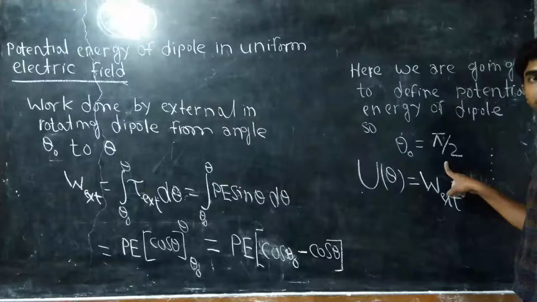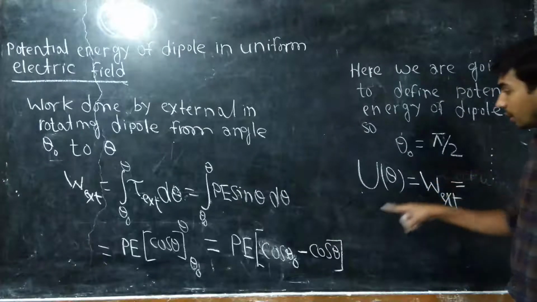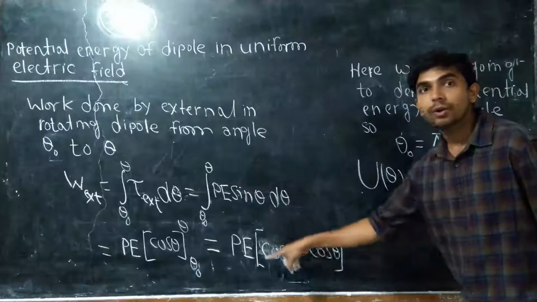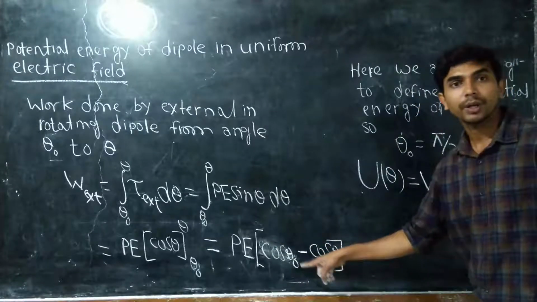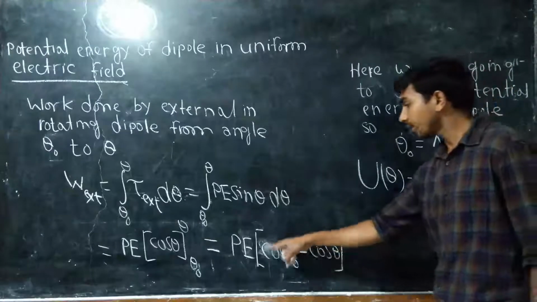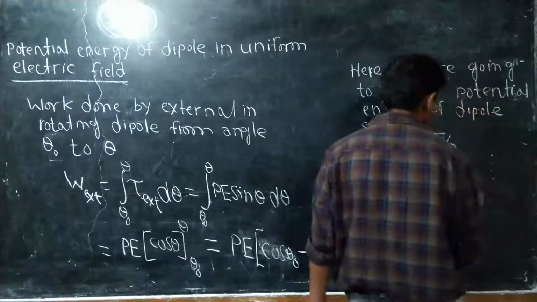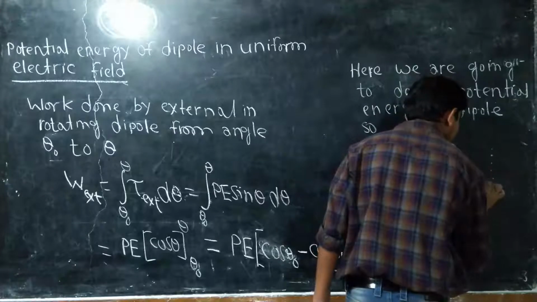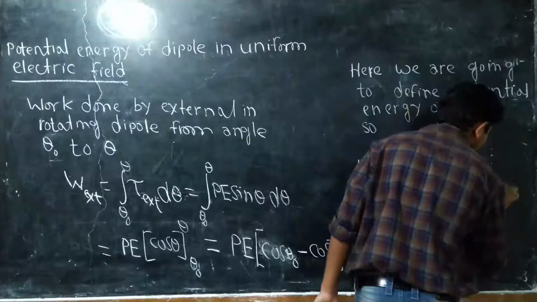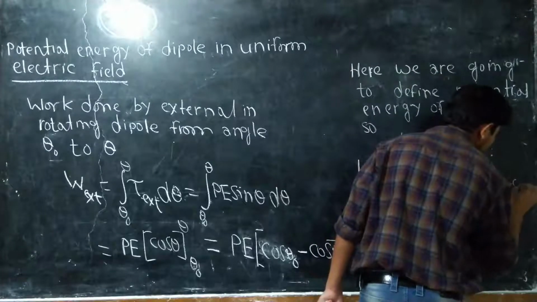Pi by 2. Cos pi by 2 is 0, so this value becomes 0, right? I am writing here also, and then in the next step I will do something. Cos theta 0 minus cos theta.